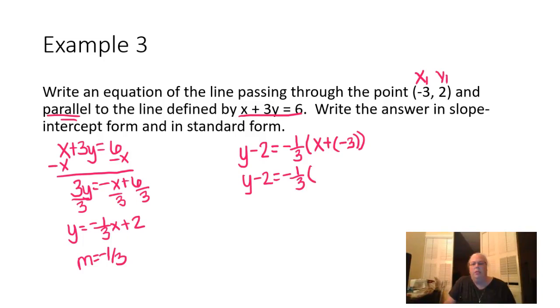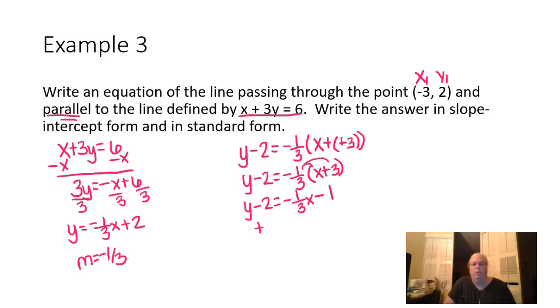Over here, two negatives make a positive, so you have x plus 3. Y minus 2 is equal to, now we're going to distribute the -1/3 into the parentheses. -1/3 x. -1/3 times 3 is -3/3, and that just reduces to -1.